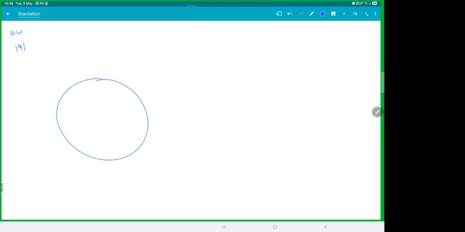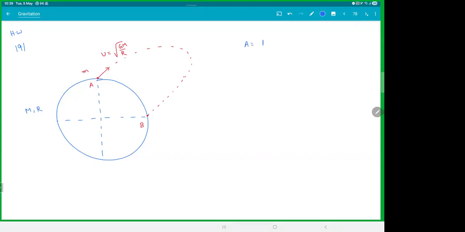We have a planet, mass m, radius r. You launched a particle of mass m with a speed of u equal to root over GM by r from the North Pole. This is point A. This particle went into an elliptical orbit and collided at the equator.